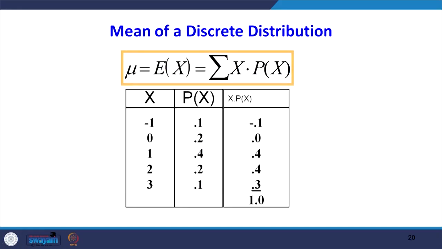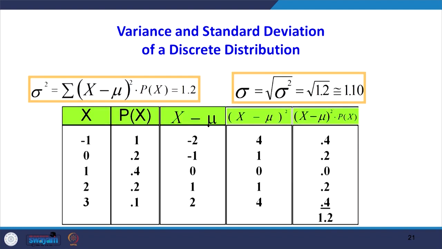So, let us find the mean of a discrete distribution. The formula for finding the mean is mu equal to expected value of x, that is sigma of x into p of x. So, x is given, p of x is given, multiply x into p of x. After doing that, when you sum, the sum is 1. So, the mean of this empirical distribution is 1. Let us find the variance and standard deviation of this empirical distribution, which is a discrete distribution.